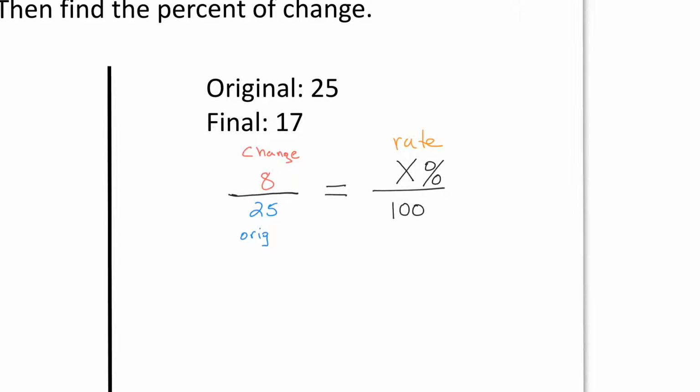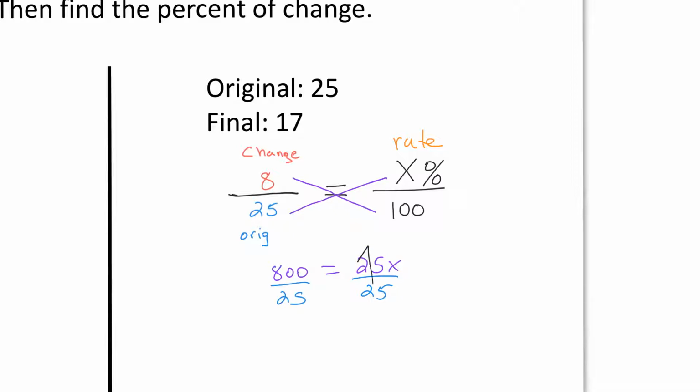That's what we want. So I'm going to cross multiply. 8 times 100, that's going to be 800. And you cross multiply 25 times x percent. We're going to have 25x. I'm going to hold on the percent because we don't really need it. But at the end, I'm going to add that sign. I'm going to divide by 25.